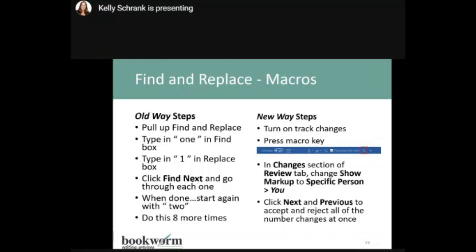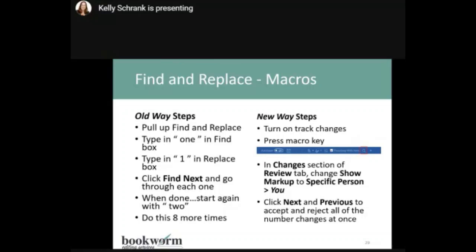Every time I edit a document that follows the AMA manual style, I do a series of find and replaces that change the numbers 1 through 10, in most cases from words to numerals. Because many of us were taught in school to use the words and not the numbers for numbers 1 to 10, people just instinctively type it. So I end up finding every one, evaluating when it needs to be replaced with a number.